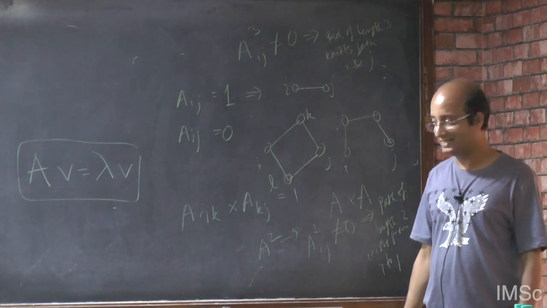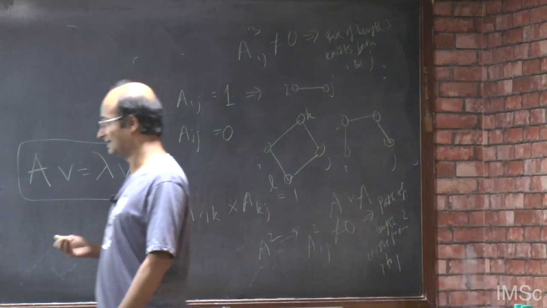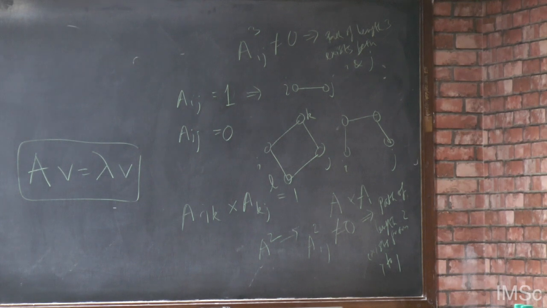So in general, I can now talk about a path of length r, and I say that the number of paths of length r is simply the ijth element of A raised to r.